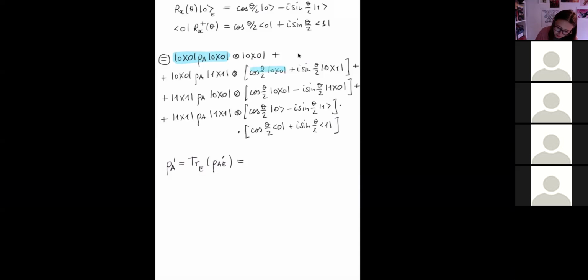Then the next one is like this. The next one is this with this. And the last one, there are actually two. So this one with this by this, with two cosines, and with sine squared, because it's a part which is tensor product with 1, 1 on the second system.